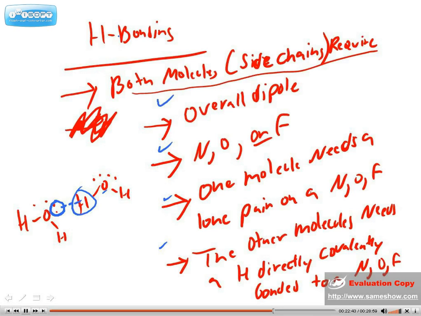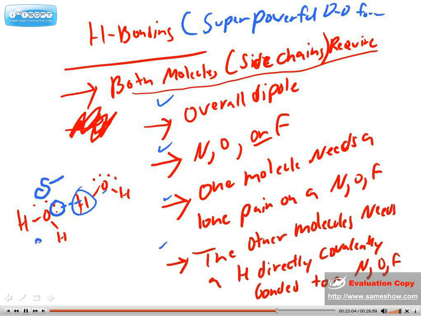Basically, hydrogen bonding is a super powerful dipole-dipole force. It turns out nitrogen, oxygen, and fluorine are so electronegative that they create an extra super powerful partial negative and partial positive on its overall dipole.